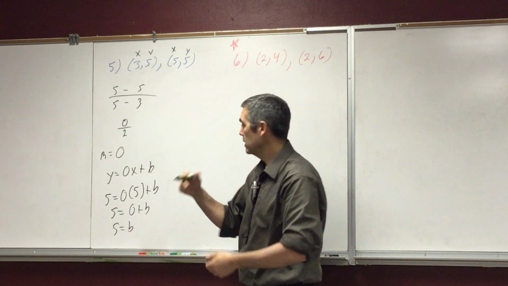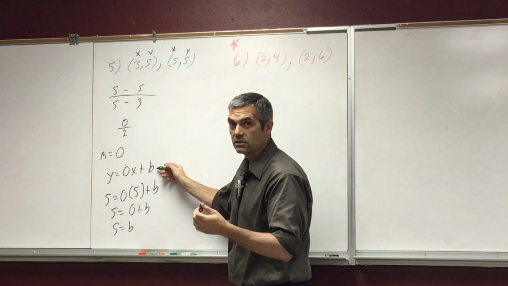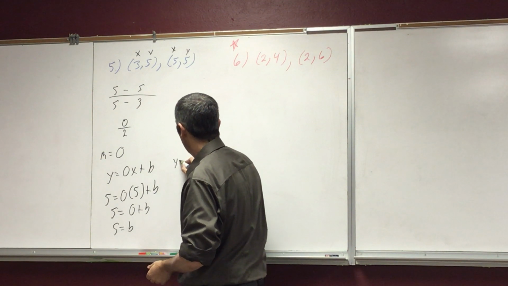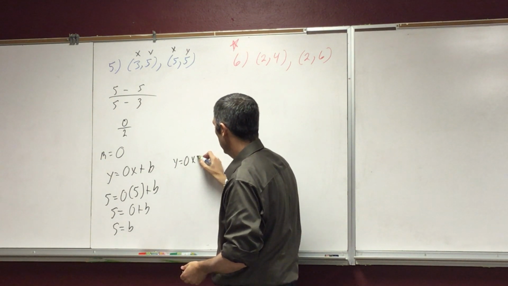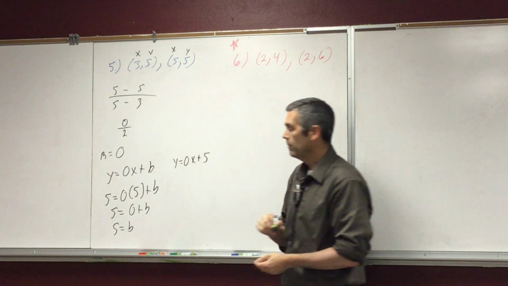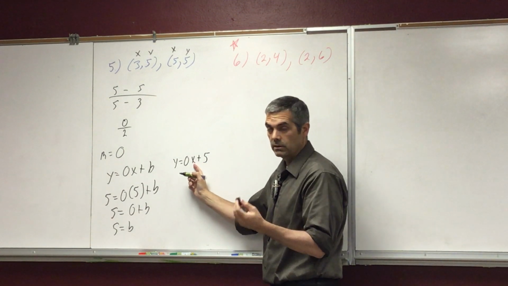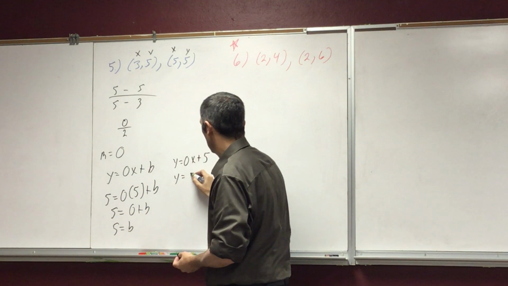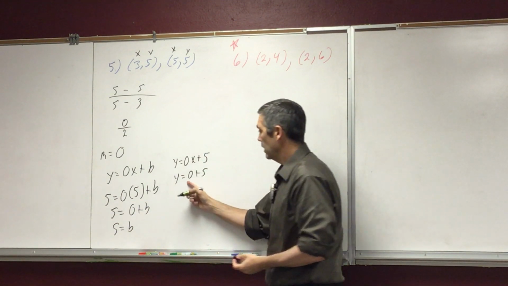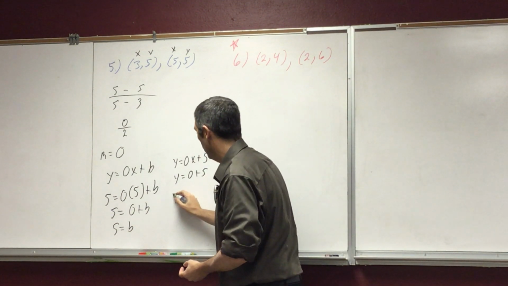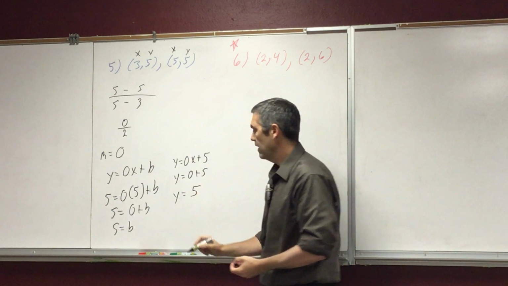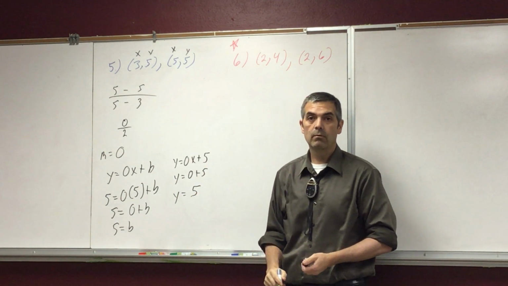So here's what happens. We're going to substitute it again back into this. Same process, right? Y equals 0x plus 5. Well, 0 times x is 0. And 0 plus 5 gets you 5. So y equals 5. That's in slope-intercept form.